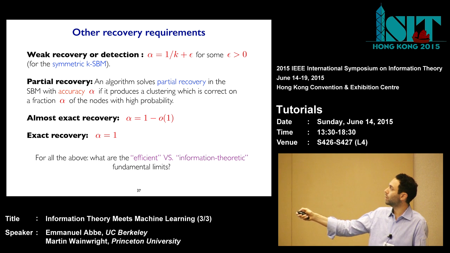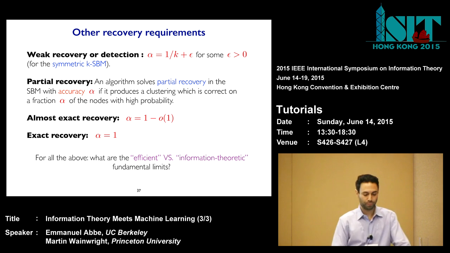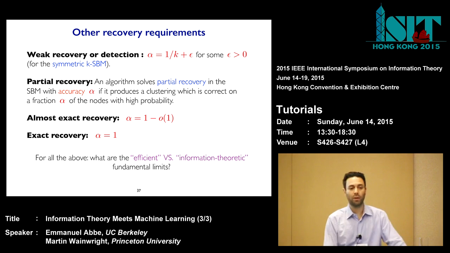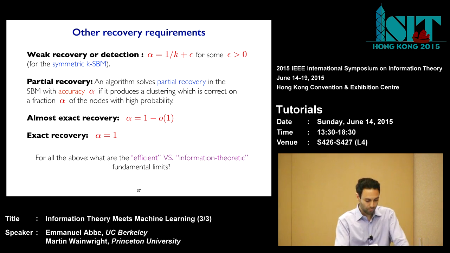If you have k symmetric communities, the random guess gets you 1 over k, and you want to be a little bit better than that. Why do I only write detection for the symmetric case? Because if you have asymmetric communities, with different degrees or different sizes, it's always possible to detect just by looking at degrees or sizes. So in a sense, detection is meaningful in the symmetric case.